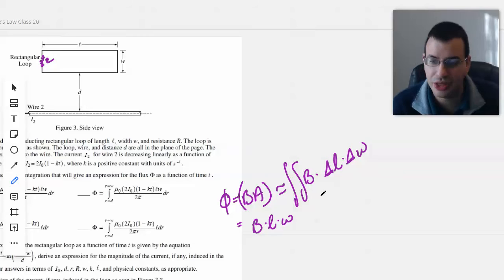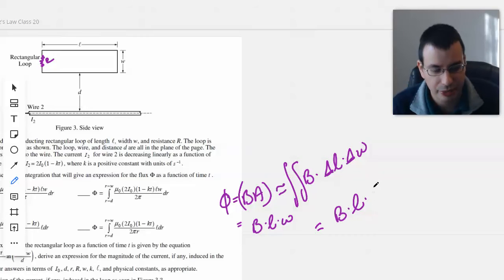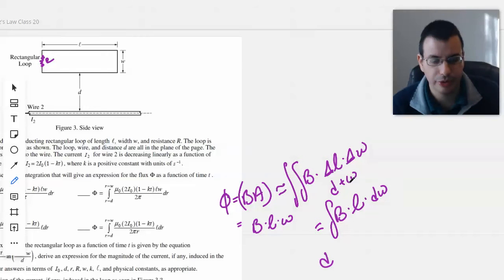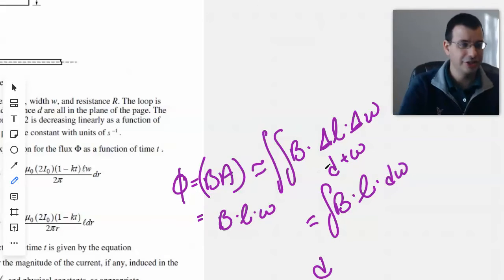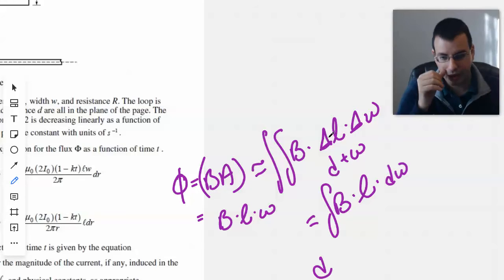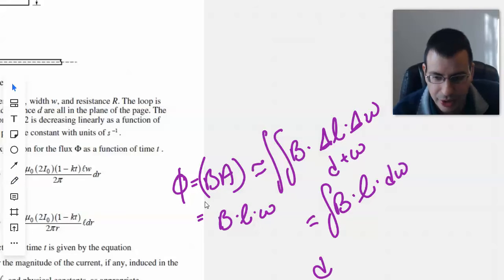But we know that the length is constant, so this will be B times L times dW, integrating from D to D plus W. If you look at this as a double integral, then when you integrate for L, you just get a constant. I don't know if you've experienced double integrals yet.